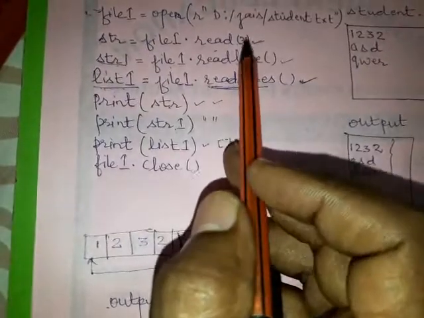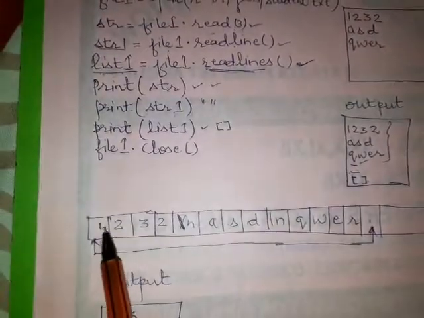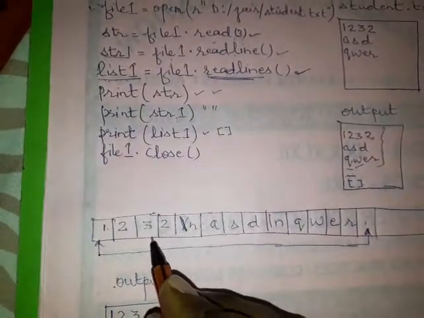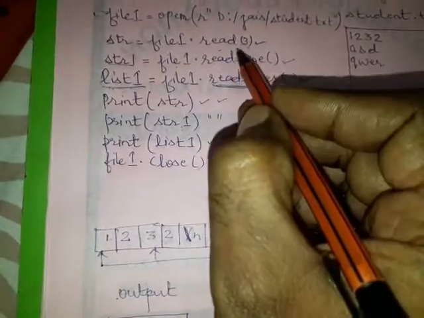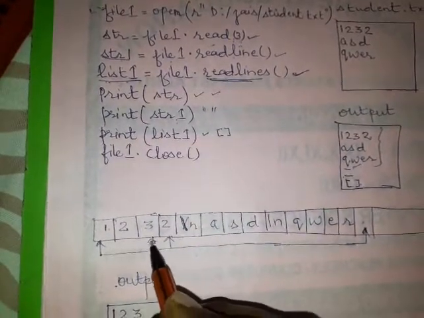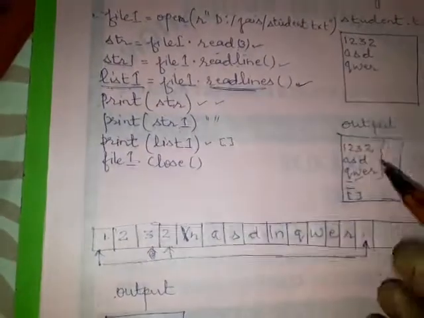This will print 3 bytes, 1, 2, 3. Okay, it means the file pointer will be here after reading 3 bytes.